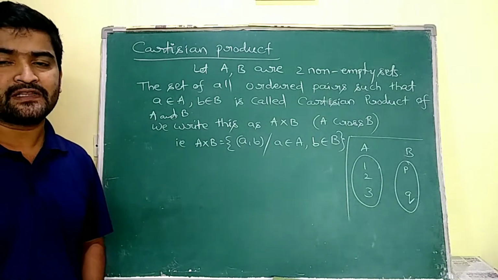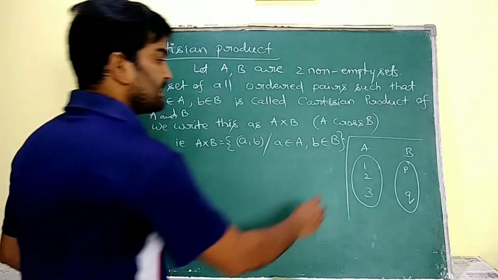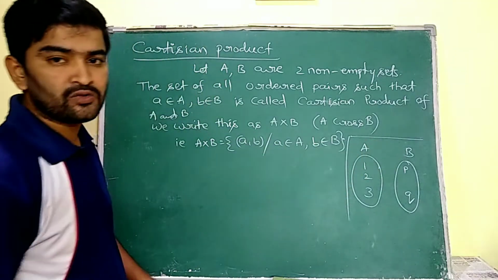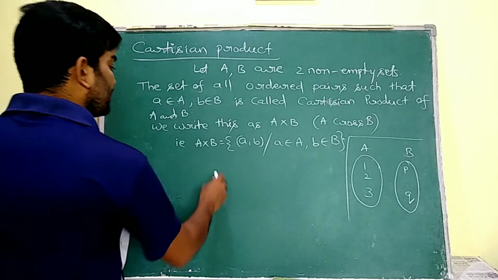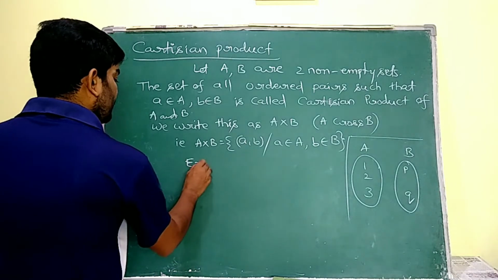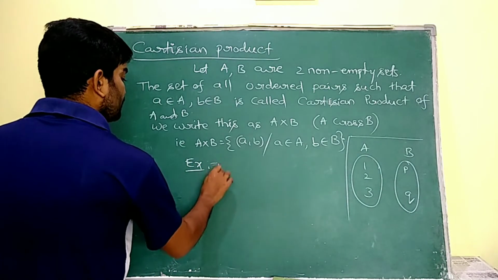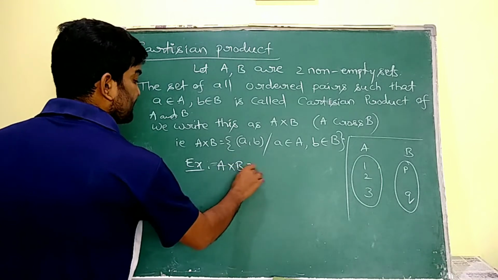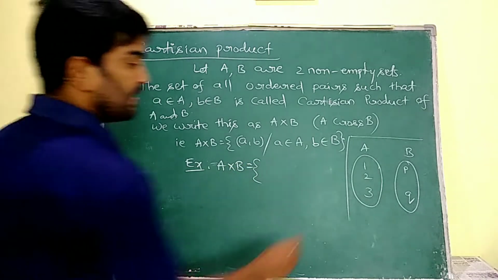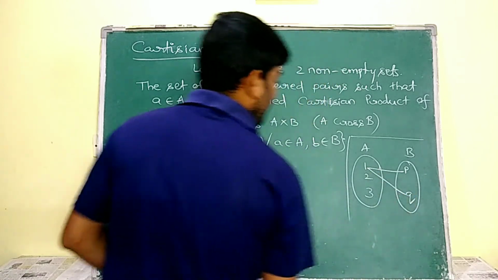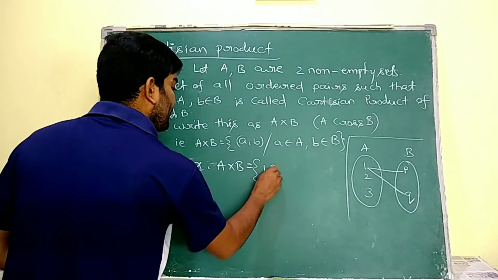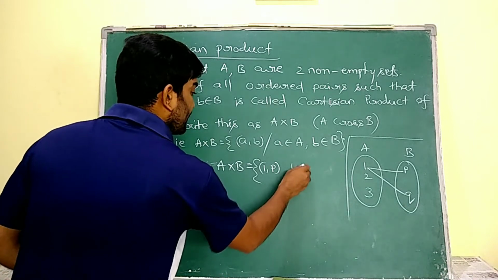Understand? With one example we are going to see. Let A, B be the two non-empty sets. If I write all the possible ordered pairs here, what are the possible ordered pairs we get in A cross B? See, 1 is mapped with p and with q. So (1,p) and (1,q).